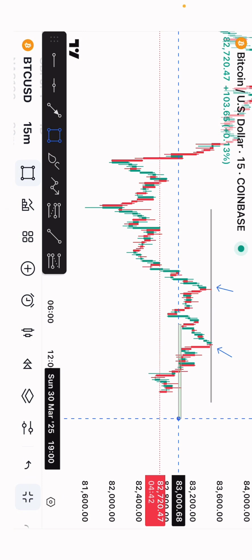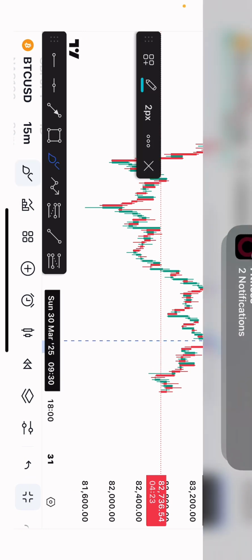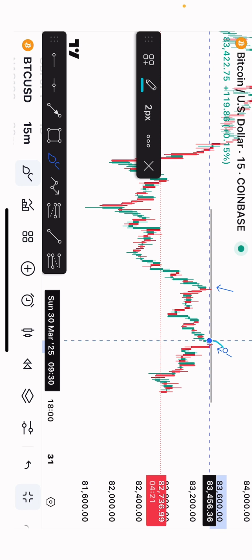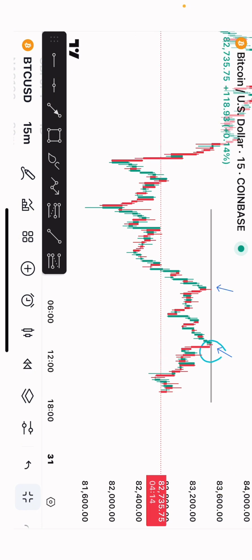So this is how to trade a double bottom effectively. Like I said, first you have to identify the first leg. After identifying the first leg, you wait for the market to come to the same level, the same point, which was at this zone here. Once the market came back to the zone, that's where I plugged my sells, and then all I did was wait.